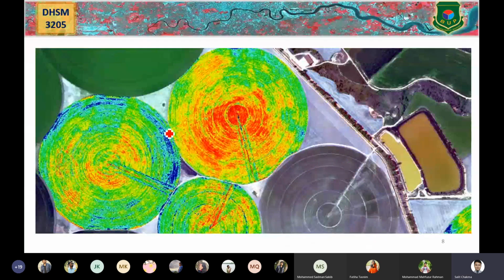Okay. So one more quick example, you see. This is the agricultural field, or we have multiple fields, and in these fields, these are the lines of the sprinklers. They have this line visible very clearly.